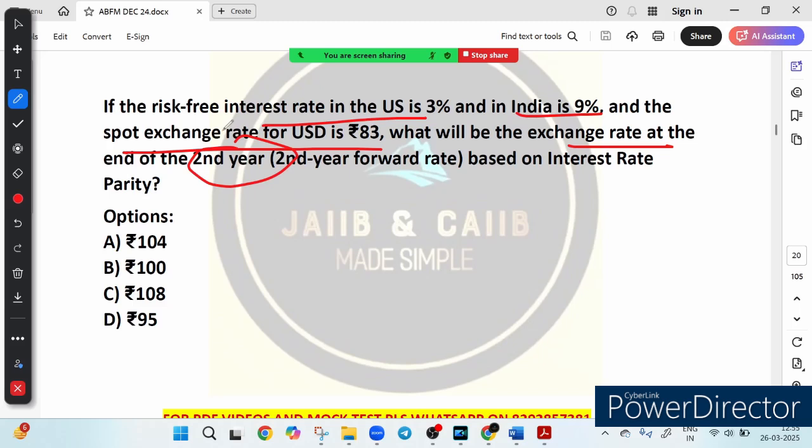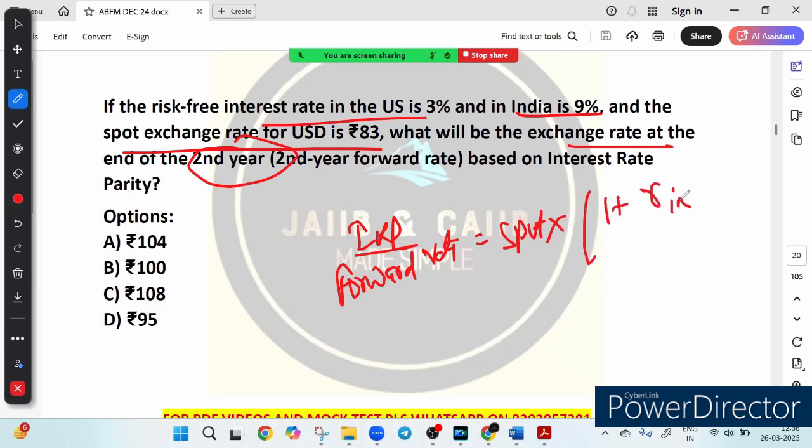First of all, we will use the IRP formula, that is the interest rate parity formula. The formula says forward rate is equal to spot rate multiplied by (1 plus R India) divided by (1 plus R USA) to the power n.